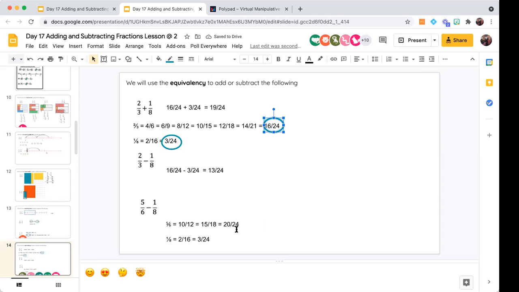Again, we have the equivalent fraction, which just so happens to be the 24ths again. And in this case, we're subtracting. So 20/24 minus 3/24 is 17/24.